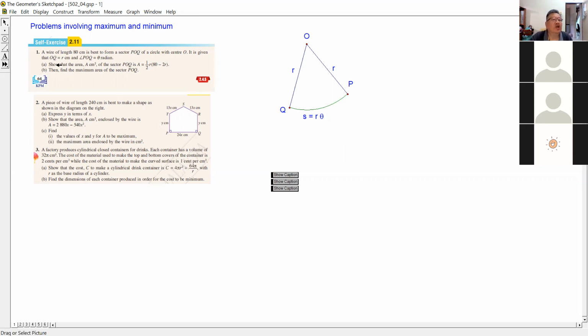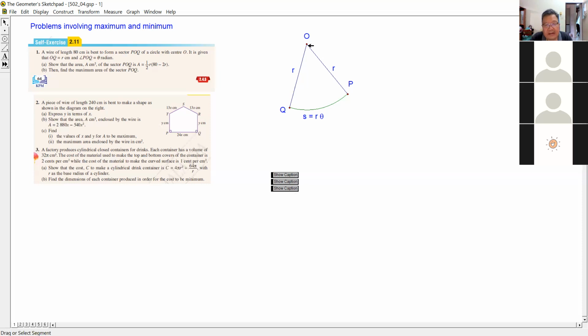Next one. Show that the area A square centimeter of the sector POQ is half R bracket 80 minus 2R. First of all, you have to find the area of the sector. Nothing is given except that the wire is 80 centimeter.